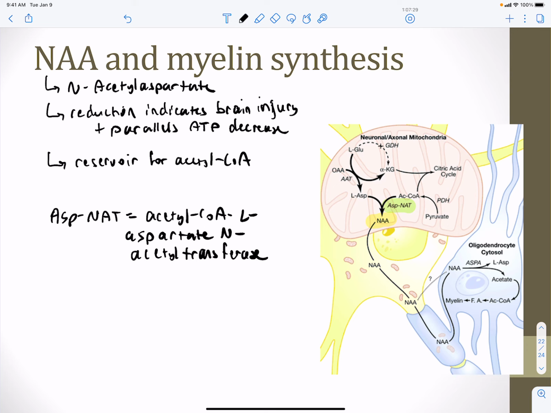The N-acetylaspartate is going to be metabolized mostly by your oligodendrocytes.